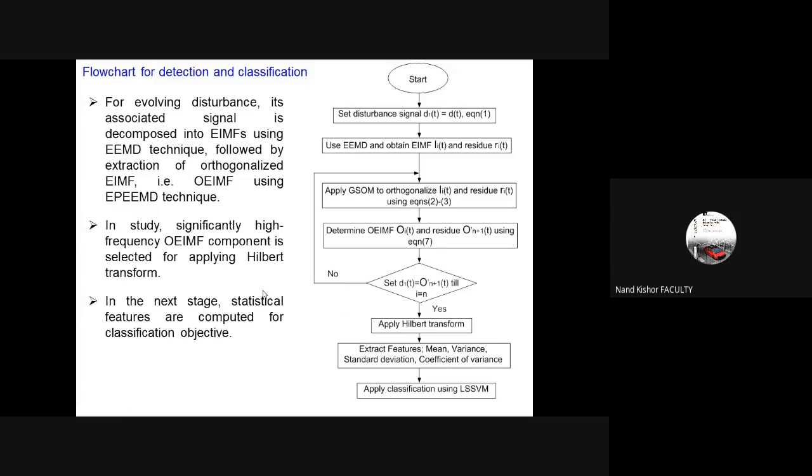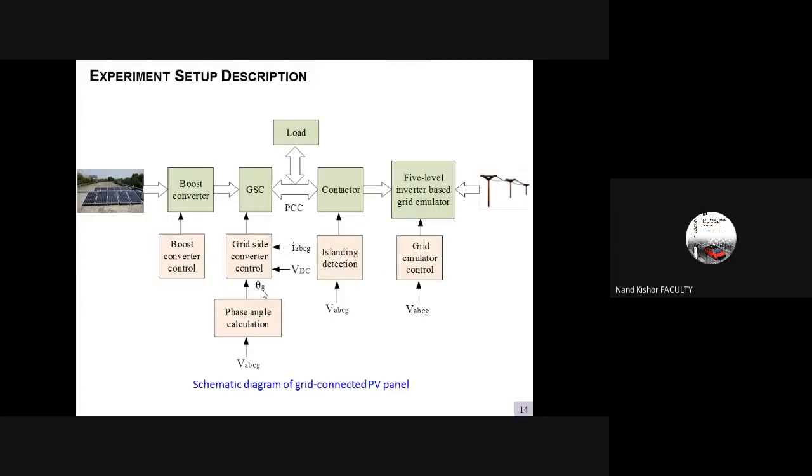So I move to the next slide, and this slide tells you some information about the hardware setup which we have used in our study. You can see that we had the rooftop PVs, and then their interface subsystems.